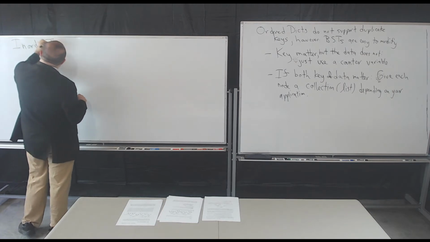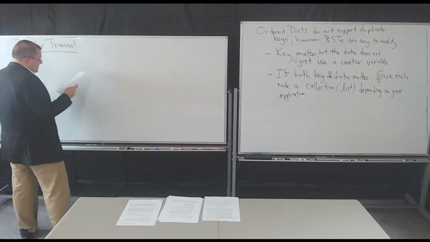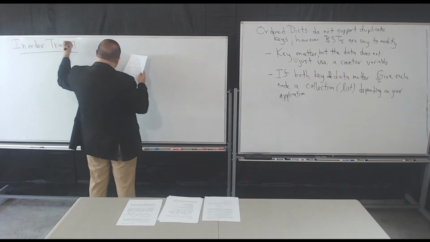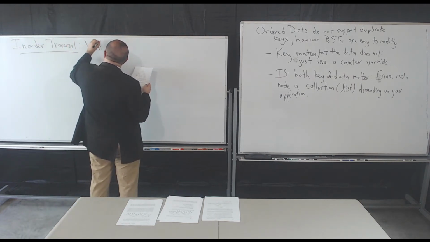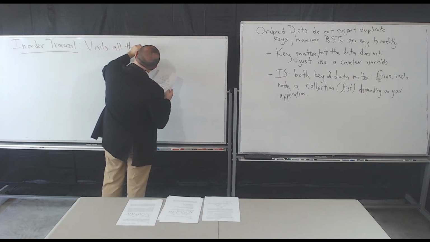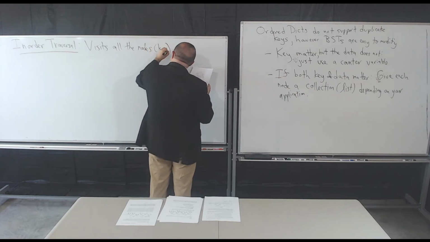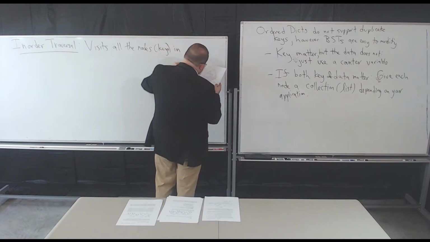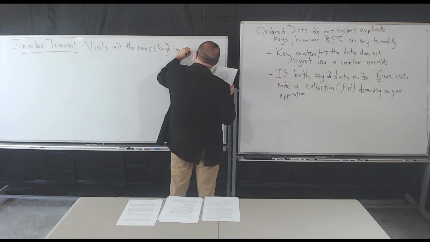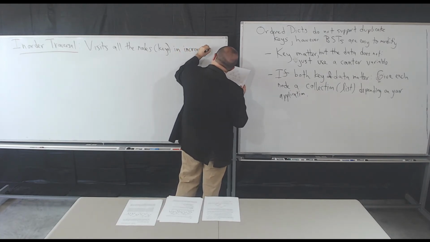The first one you probably have seen before is called an Inorder traversal. So what is that? It just visits all the nodes, in particular the keys, in increasing order. I can say increasing here because the keys are all distinct.